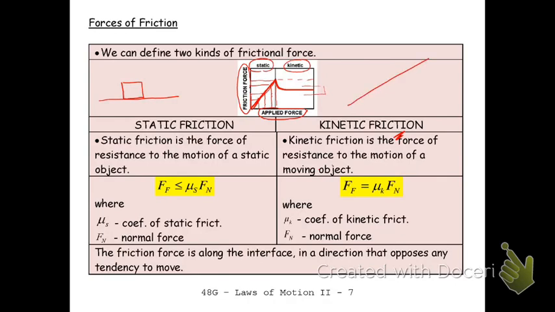But the frictional force is dependent upon the amount of enmeshment under all circumstances. Although the weight here is giving me a fair idea of how much enmeshment there is, here the weight's not giving me a good idea of how much enmeshment there is. It's much better to use the normal force. So we say that the frictional force is a function of the normal force, not the weight.